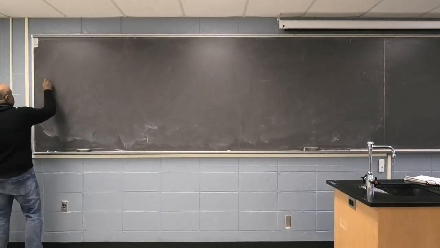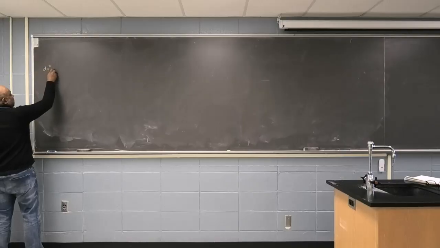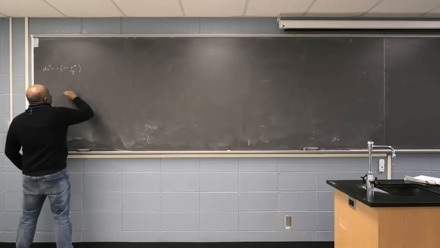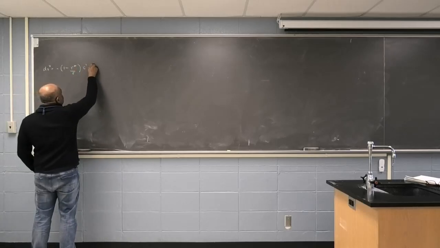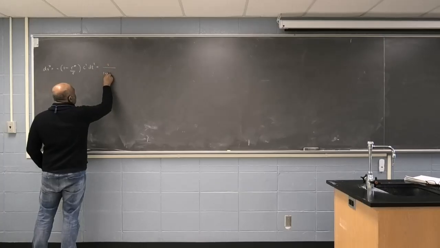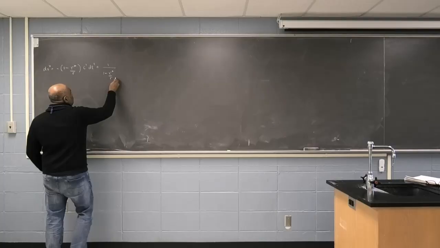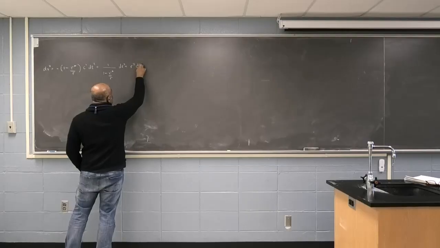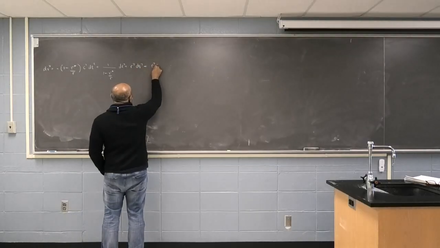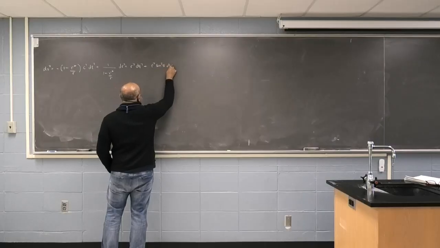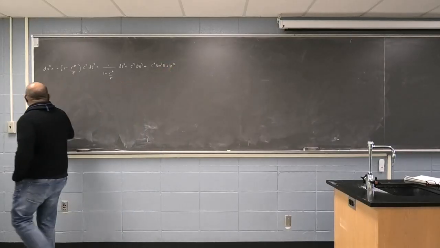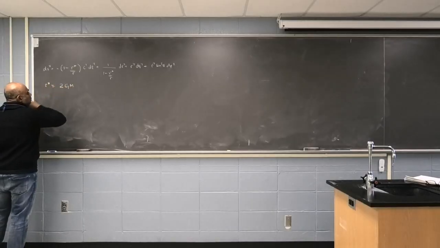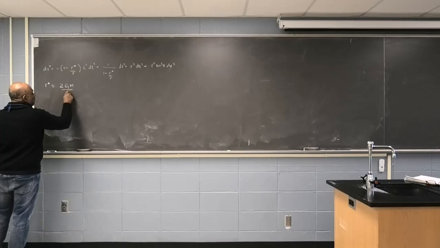At the moment, we're just talking about Schwarzschild spacetime, but the metric is given by minus c squared dt squared plus 1 over 1 minus r star over r dr squared plus r squared d theta squared plus r squared sine squared theta d phi squared. And r star is 2GM over c squared.